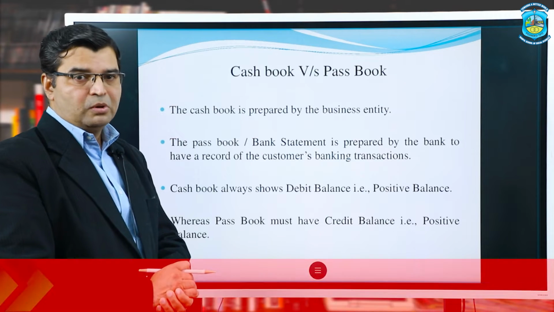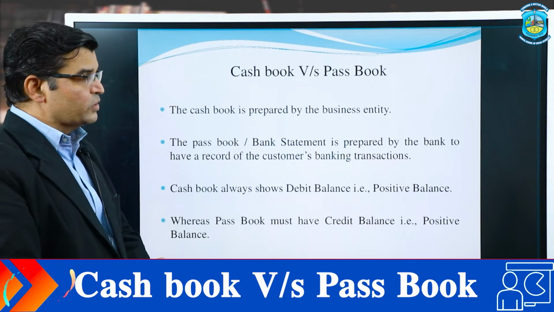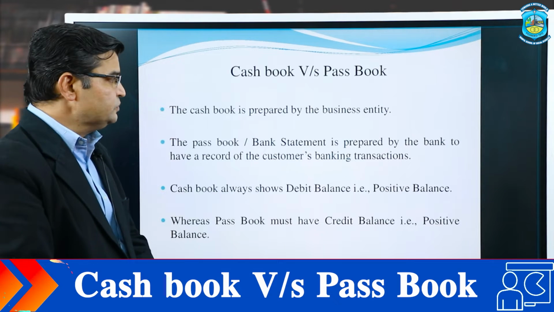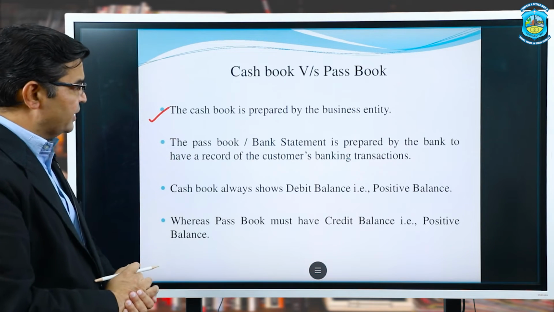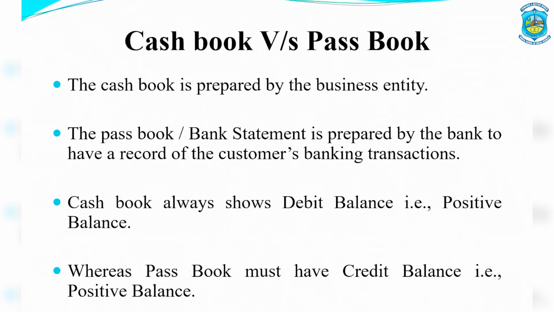Here we will just talk about cash book versus passbook. The first point says the cash book is prepared by the business entity. The passbook or bank statement is prepared by the bank to have a record of the customer's banking transactions. So this passbook is always maintained by the bank. The third point is that cash book always shows a debit balance, that is a positive balance.